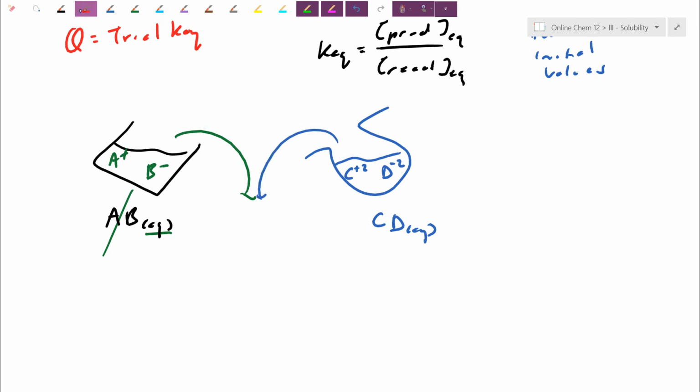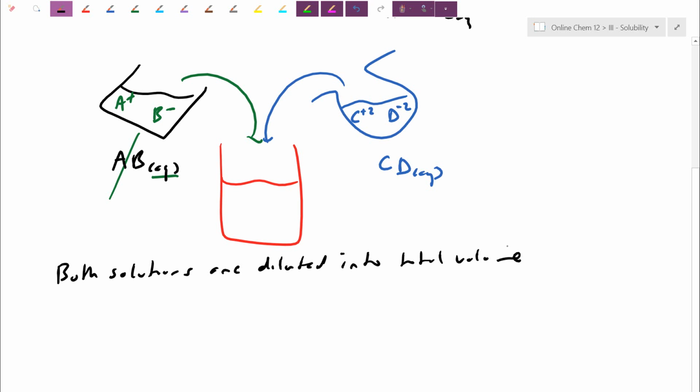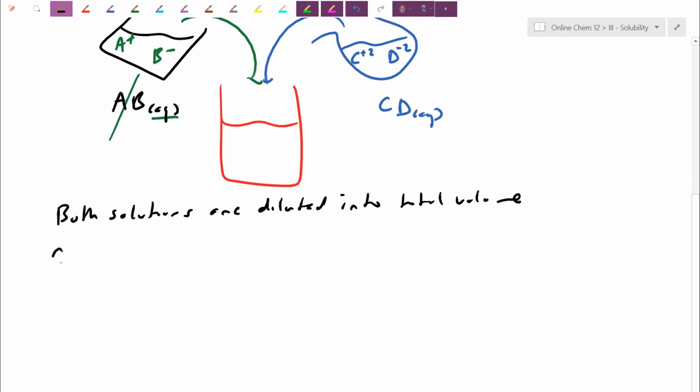I toss them in together, and we're going to end up in some third container. Remember, just right from the start here, there is a dilution. So both solutions are diluted into the total volume. And for a dilution calculation, remember later on you're going to do a C1V1, C2V2 for the AB salt.